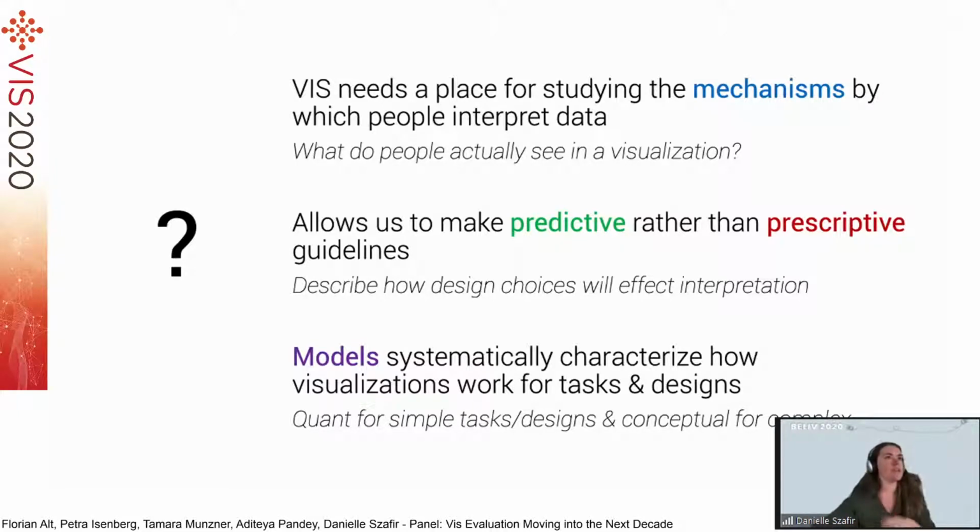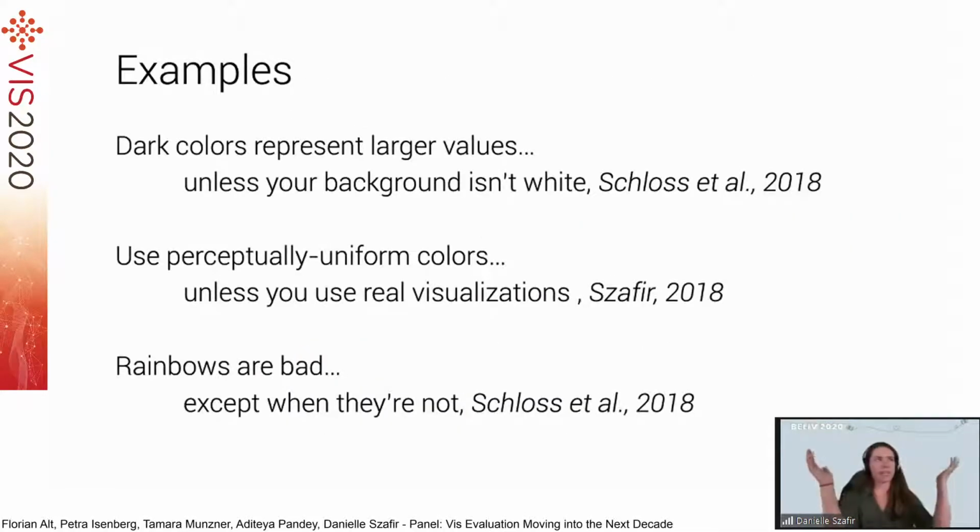So with that, we've seen some examples in the literature. For example, I tend to live in color science land, and we see this all the time in things like recommendations to always use dark colors to represent our light values. Well, if we're just doing comparisons of dark and light ramps, we might draw that conclusion, but it turns out it falls apart when our background isn't white. If we use perceptually uniform colors, that's our general guideline. It should allow us to make equal judgments in our data.